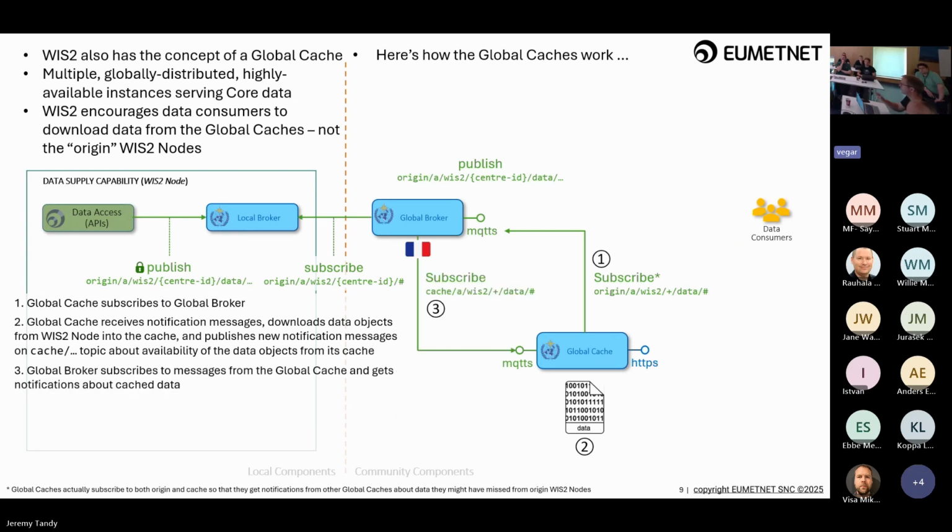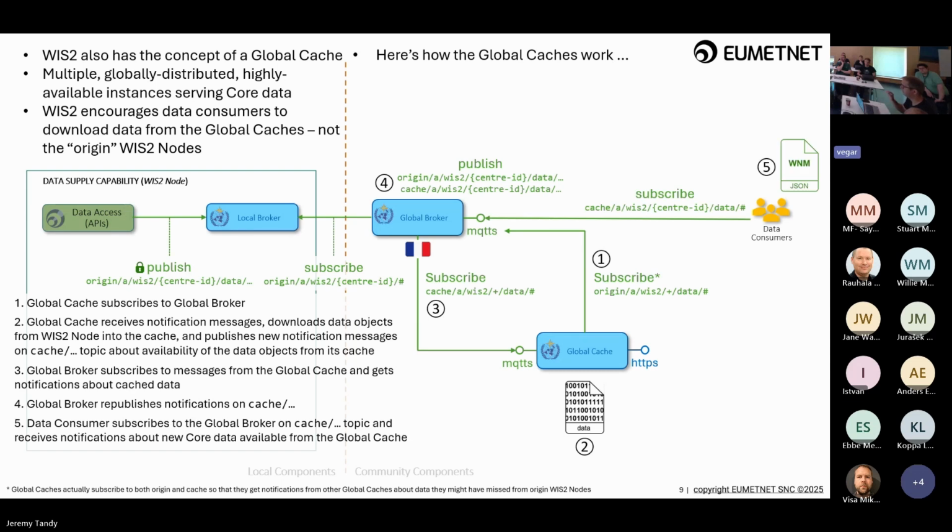Then the global broker is subscribing to the global cache, and they get the notifications about newly cached data. And the global broker republishes those on the cache topic. And then, like I said, the data consumers generally subscribe to the cache topic, and then they get a notification about the data being available from one or more of the caches.